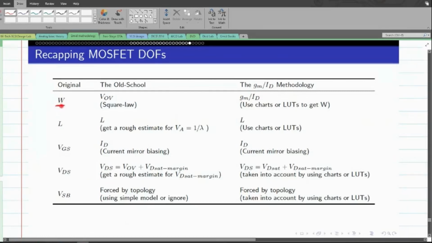We had a width, and that width was being replaced with a VOV when it comes to the square law model, or in the newer technology we replace this width with GM over ID. This GM over ID makes use of the charts or the LUTs to get back our width, whereas this VOV uses the current equation to revert back to the width parameter.